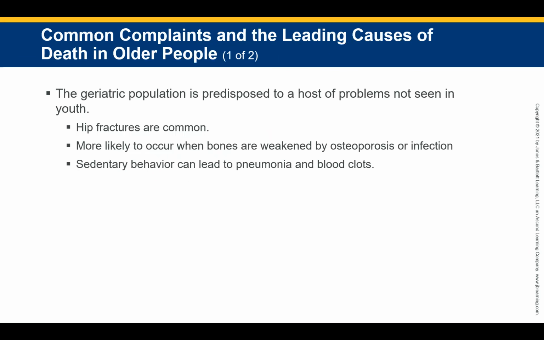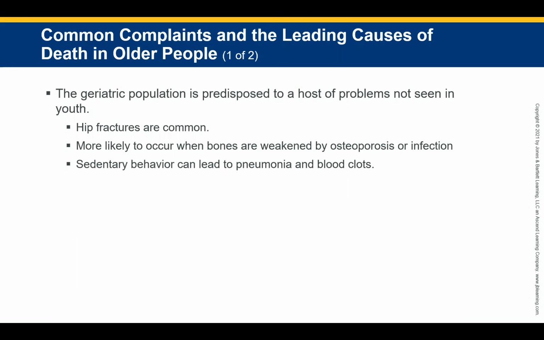Some common complaints and leading causes of death in elderly patients: the physiologic changes in geriatric patients can predispose the population to a host of problems. A simple rib fracture in an 80 or 90-year-old can result in pneumonia, and that potentially is going to lead to death. A hip fracture from something low impact, like a fall, is common in elderly people, and that may also have dire consequences.